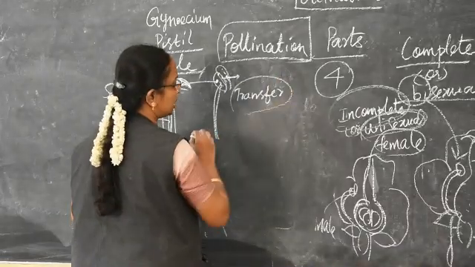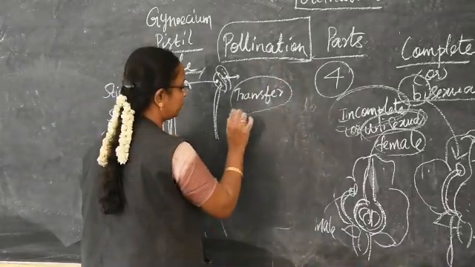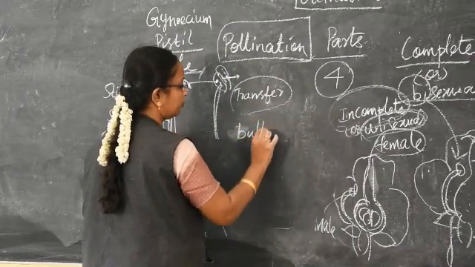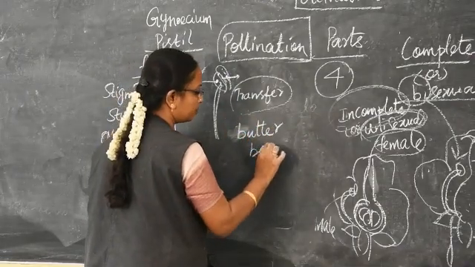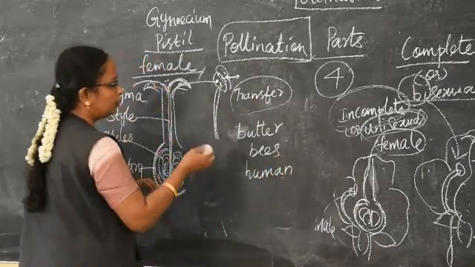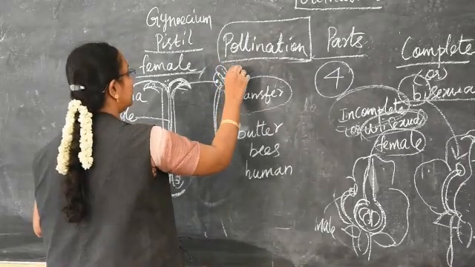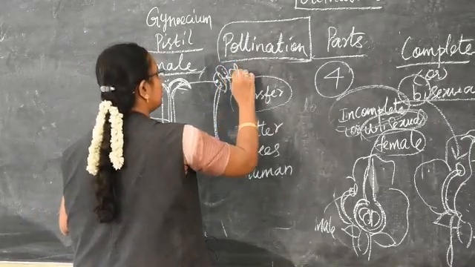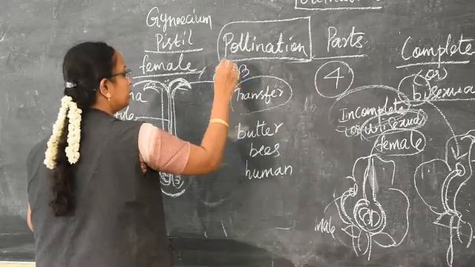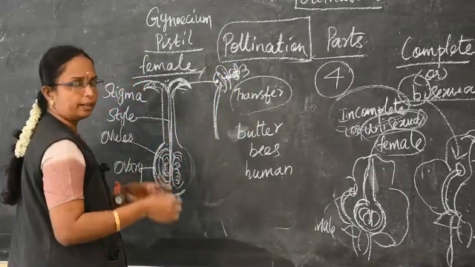How does pollination happen? Pollination happens by means of butterflies, bees, even human beings. They are helpful for this process, because when the butterflies sit on that flower, what will happen? The yellow powdery substance sticks onto their body surface.